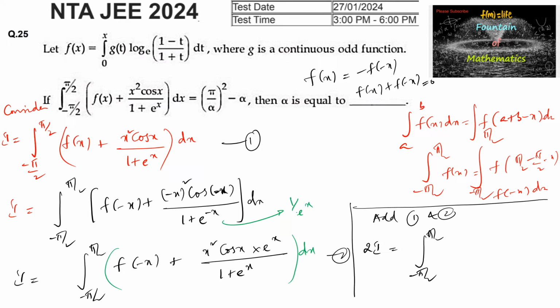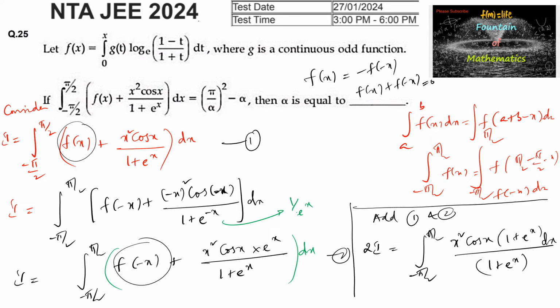Hence we can write x square cos x taken common, (1 plus e power x) divided by (1 plus e power x) dx. So this is nothing but x square cos x.